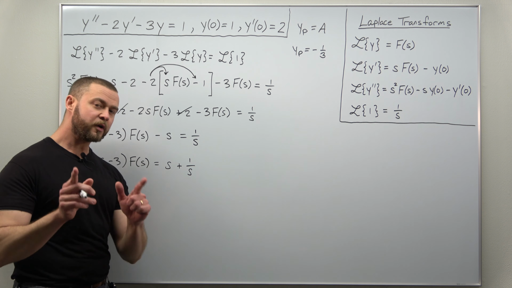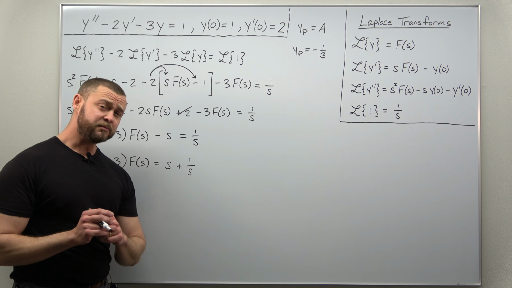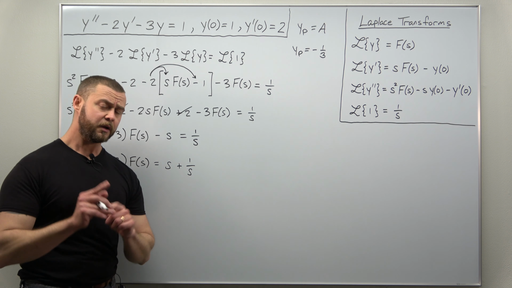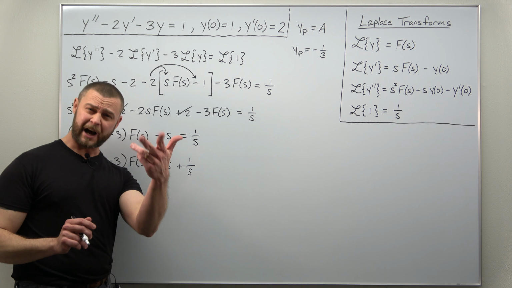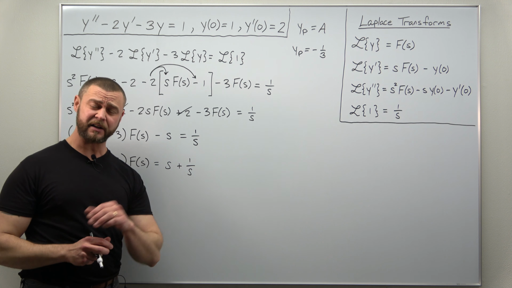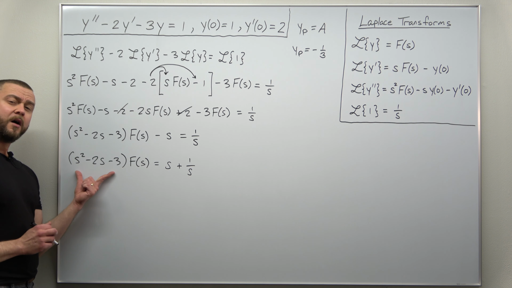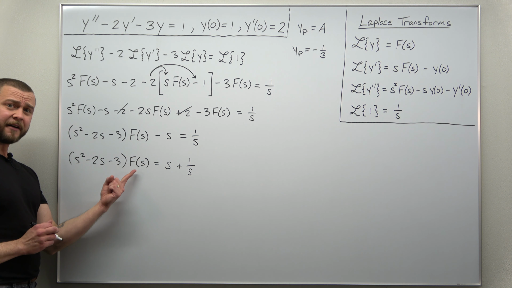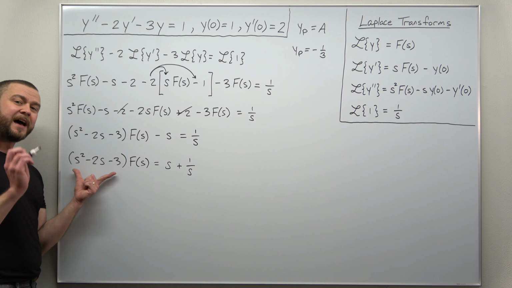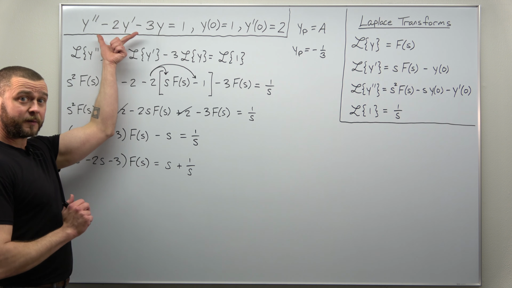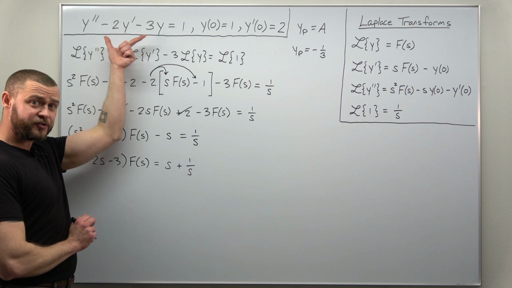And this is where it's worth mentioning a few different tips, tricks, or things to look for. Now, one observation that you can check some simple mistakes with: all the stuff that's multiplying your F of s is exactly the characteristic equation for the left-hand side of that differential equation.